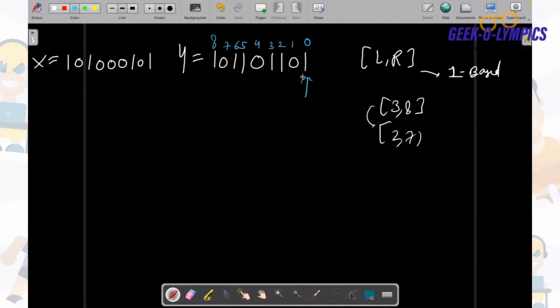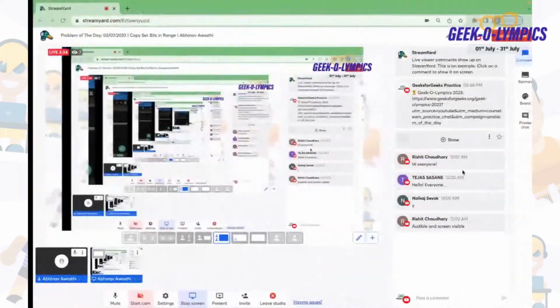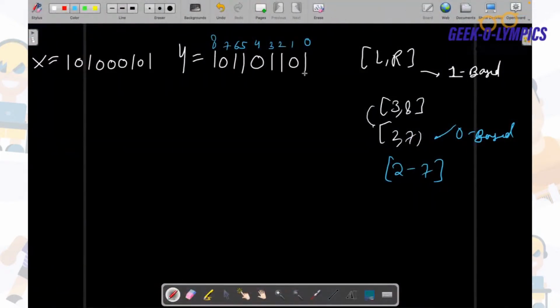We start from zero, but they start from one, so we subtract one, so that now it is zero-based. So L to R means that we have to consider bits from 2 to 7 only.